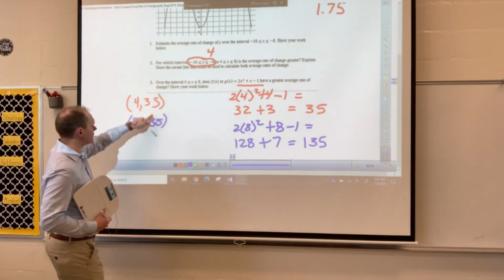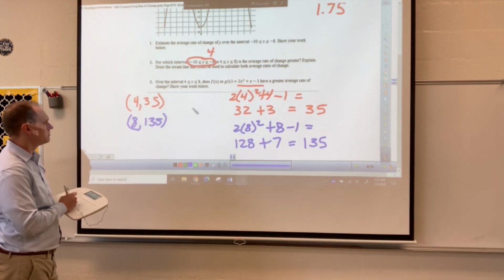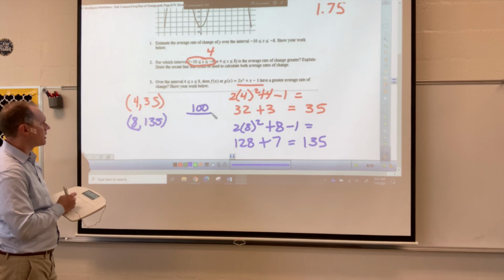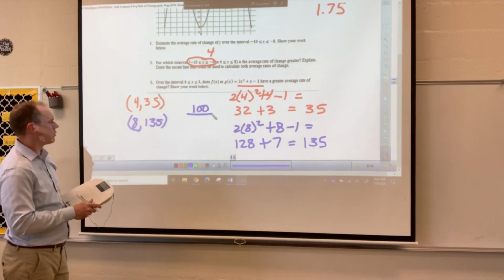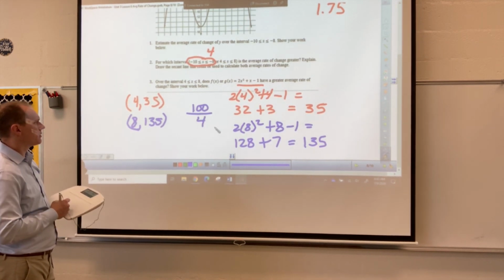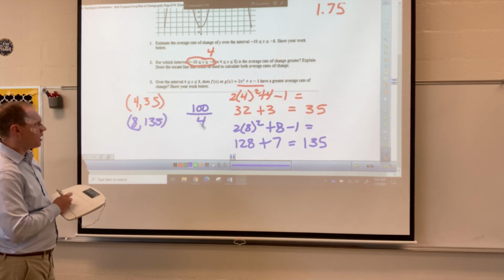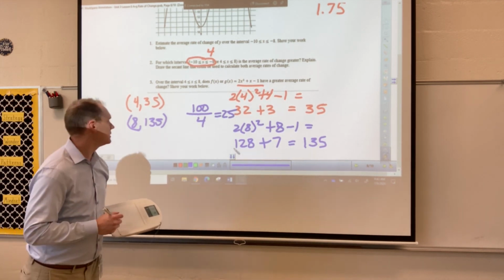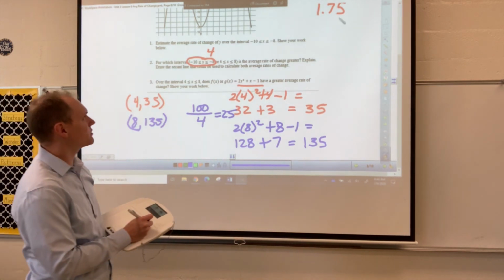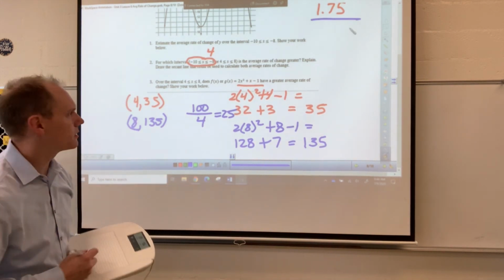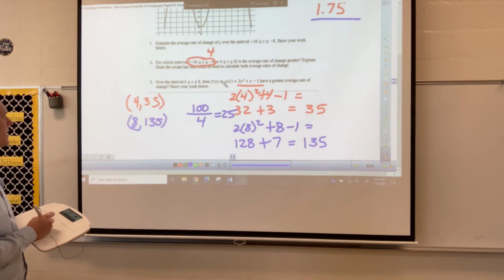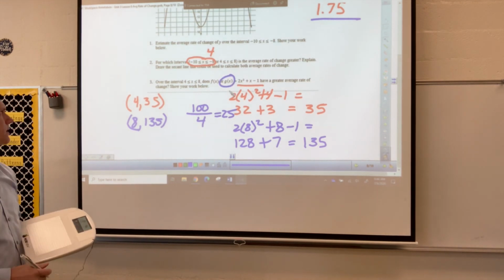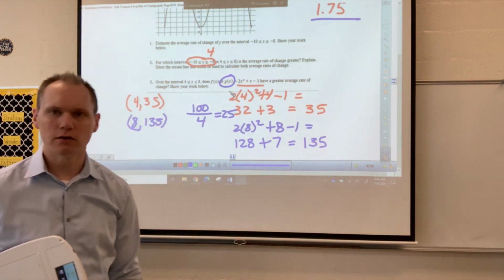From 35 to 135, you're going up 100. So that'd be 100 divided by the change in x, which would be up 4. So you have 100 divided by 4, which is 25. And obviously 25 is a lot greater than the 1.75 we got up here. So we're going to go with g of x having a greater average rate of change over that interval.